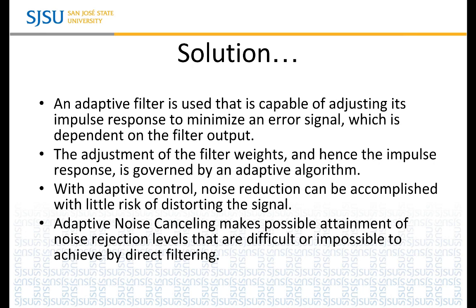So noise reduction is accomplished by adaptive filtering, and adaptive noise cancellation makes possible the attainment of noise rejection levels that are difficult or impossible to achieve by direct filtering. In direct filtering, as I said, all the signals are known, but in this case, as it is unknown, the need for adaptive filters comes into the picture.